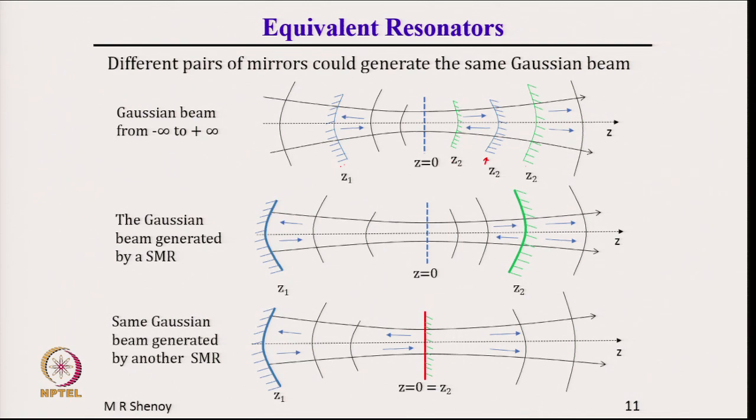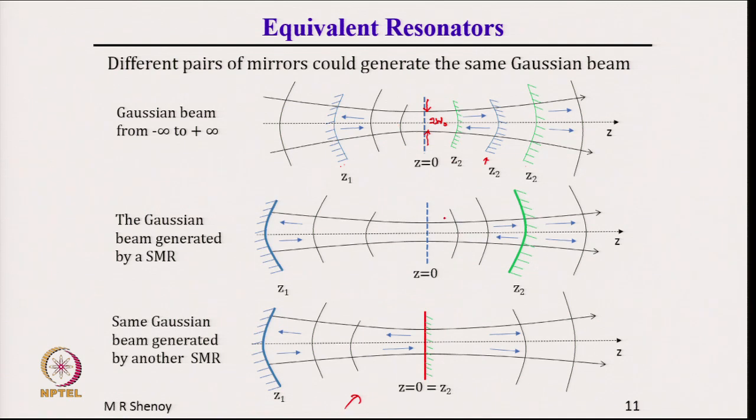What do I mean by the same Gaussian? The Gaussian which has this 2W waist as 2W0. So, this is 2W0. The W0 defines the Gaussian, and therefore, this Gaussian can be achieved by using different combinations of the mirrors. For example, it is shown here in the lowest graph that we can have a plane mirror and a concave mirror to get the same Gaussian.